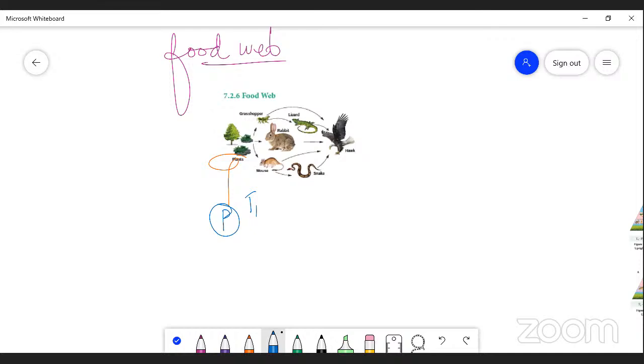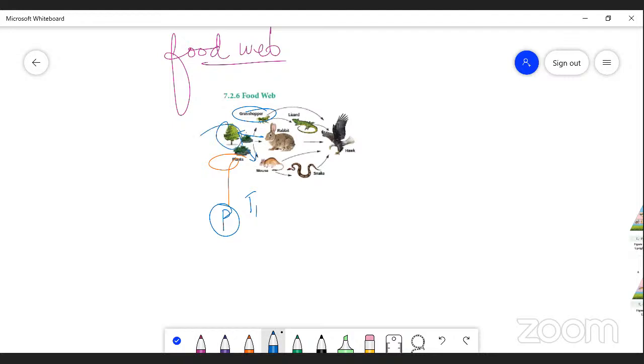There are various organisms interconnected in an ecosystem that form a web-like structure. So the rabbit gets food material directly from the plant, and the mouse also gets food directly from the grass or a producer, and the lizards or the leaf grasshopper also take food from a producer.